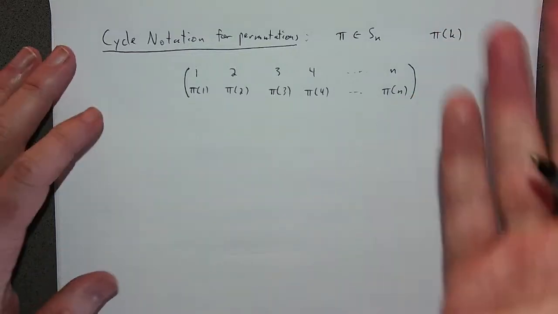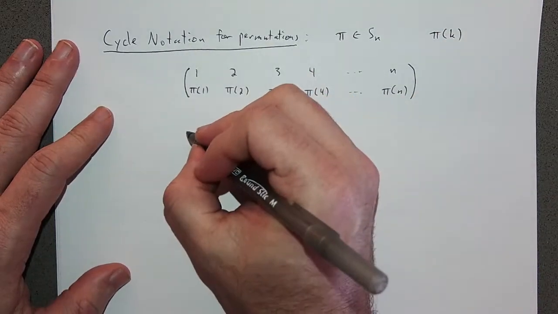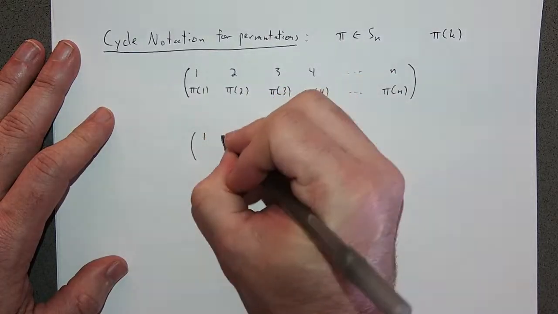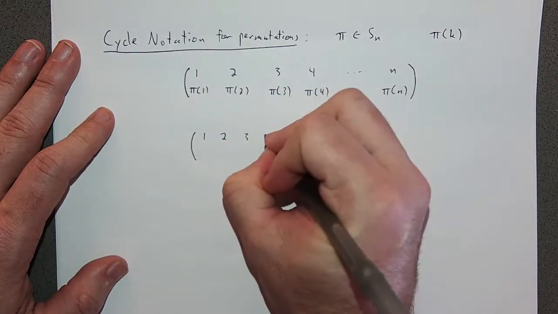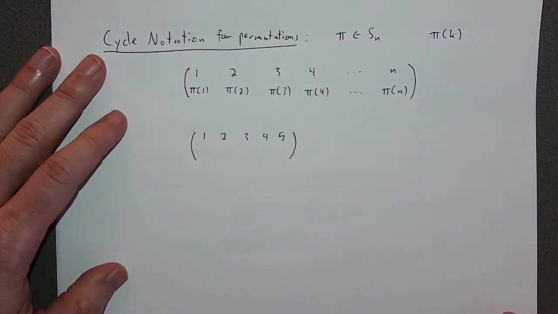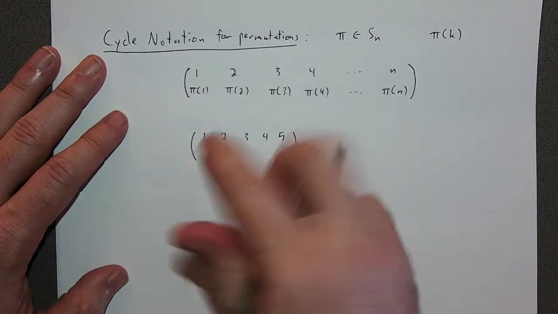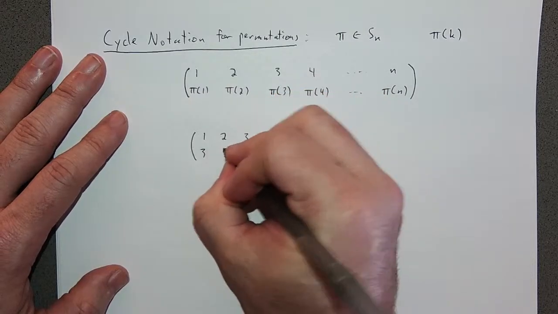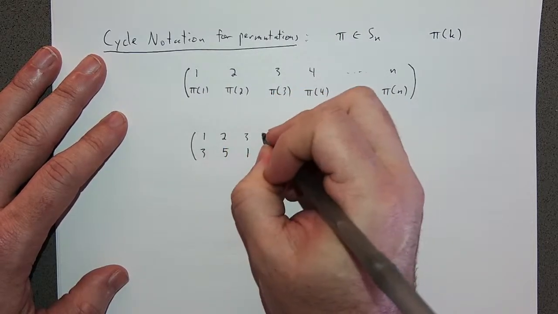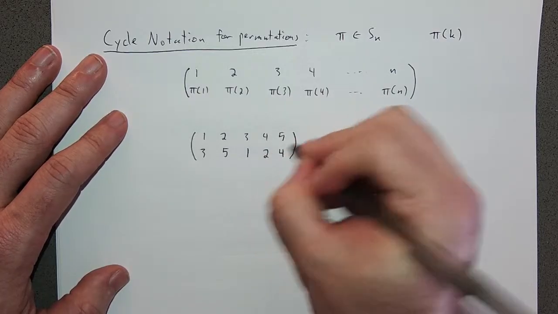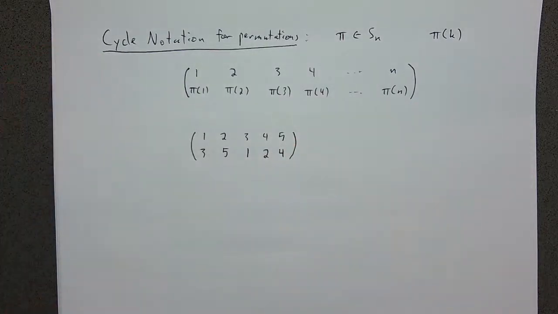So let's do a permutation like this on 5 objects: 1, 2, 3, 4, 5. I'll send 1 to 3, 2 to 5, 3 to 1, 4 to 2, and 5 to 4. That's specified now. There's nothing else I can do here.